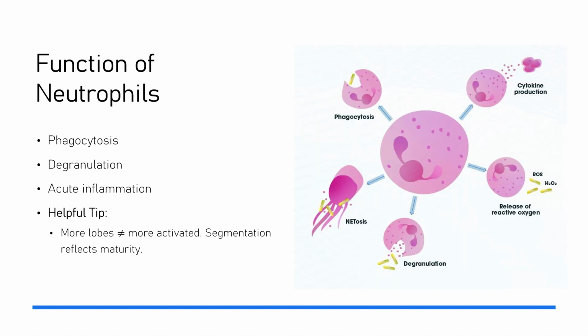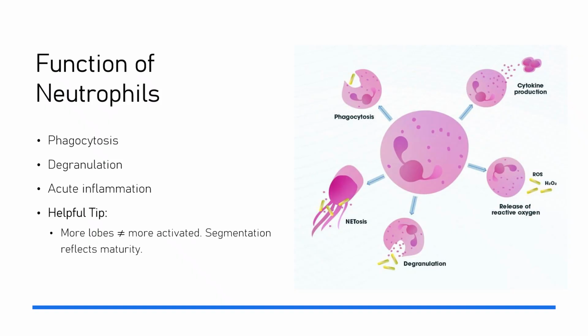Now let's connect neutrophil morphology with function, because understanding what these cells actually do makes their structure a lot more meaningful. One of the primary roles of neutrophils is phagocytosis, which means engulfing and digesting microorganisms or cellular debris. Once a neutrophil encounters bacteria or damaged tissue, it essentially surrounds the target and internalizes it into a structure called a phagosome.